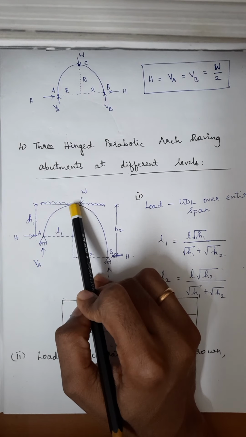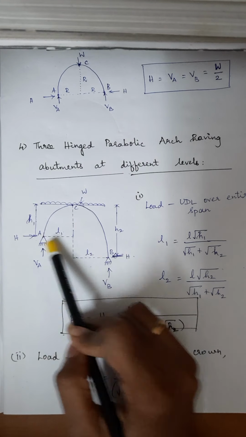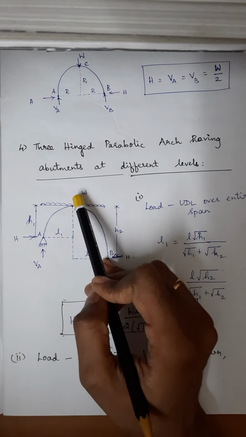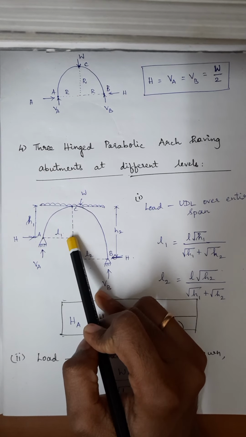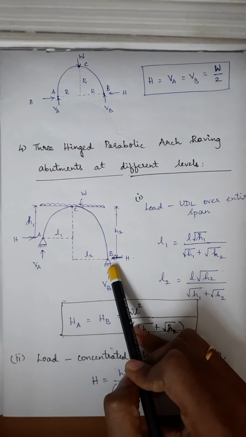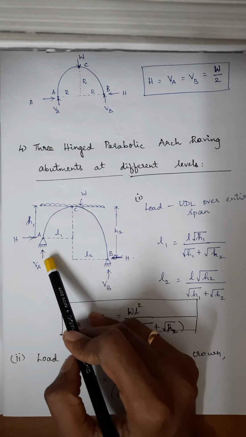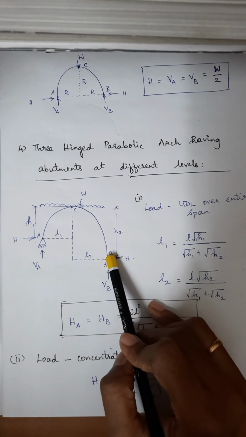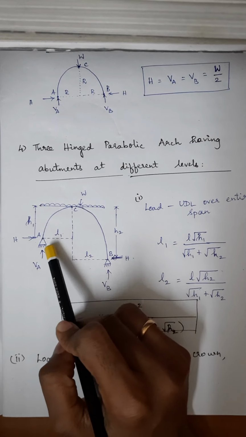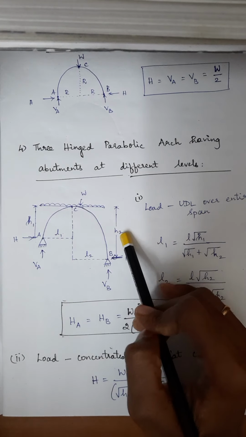Point A sees the crown point at a rise of H1 and point B at a rise of H2. The distance from the midpoint is L1 and L2. Everything varies here. Earlier we had a single L, single span, single rise, but here we have 2 span lengths and 2 rises.